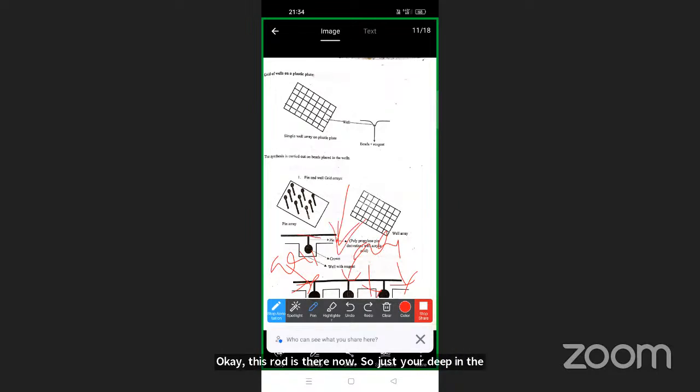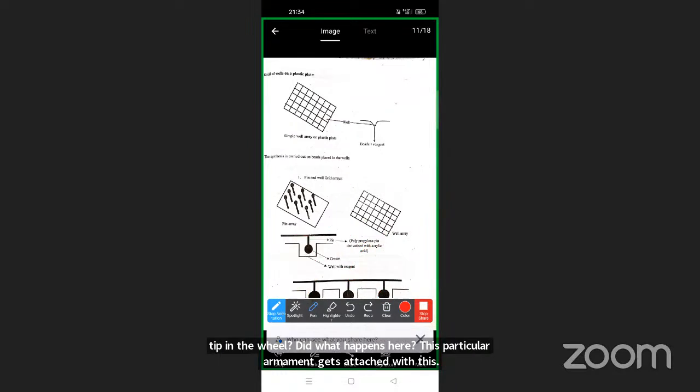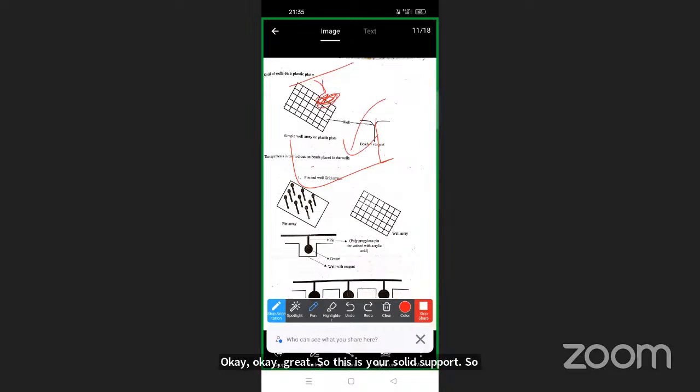Then this particular amino acid gets attached on this, your solid support. So we have added amino acid one here.